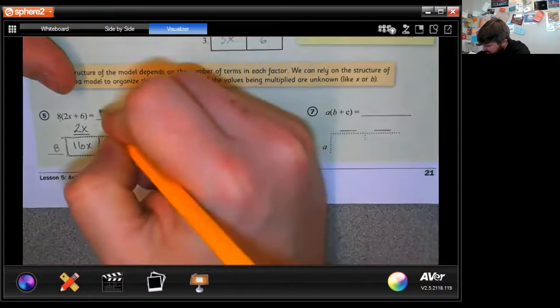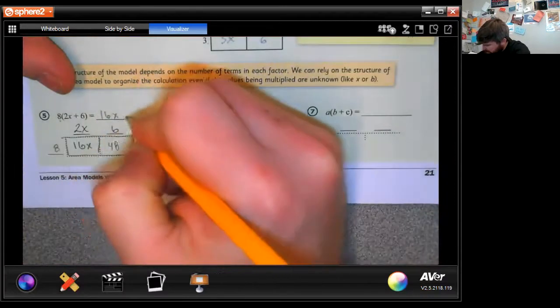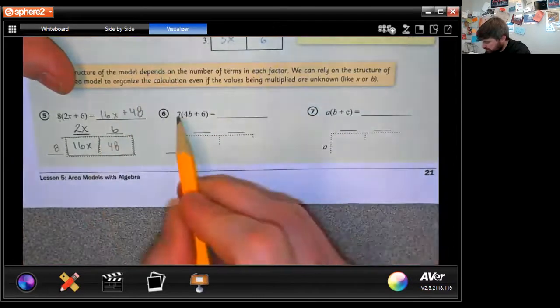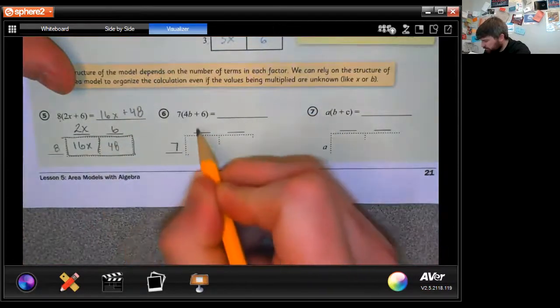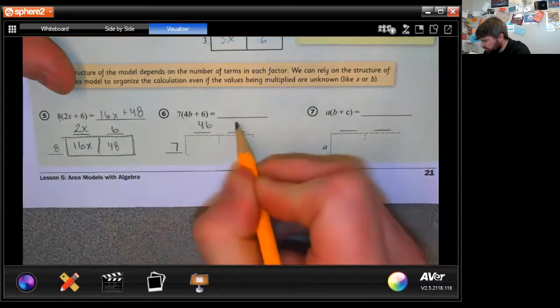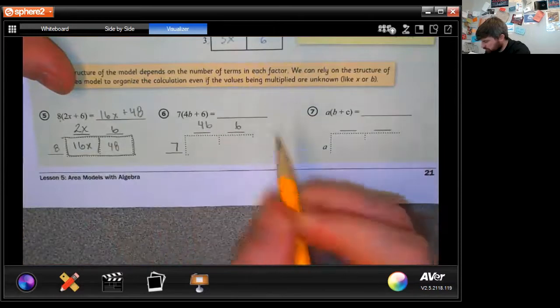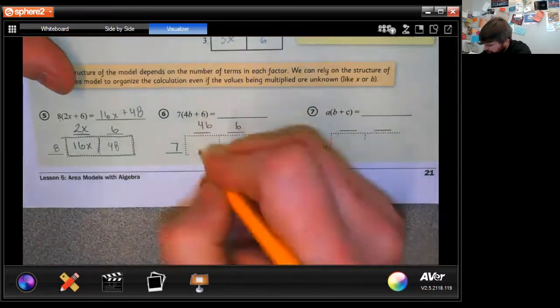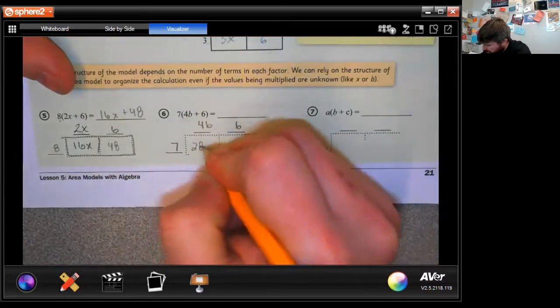So then you have 16x plus 48. Here we've got 7, so 7, 4b, 6. So you have 7 times 4b, which is 28b.